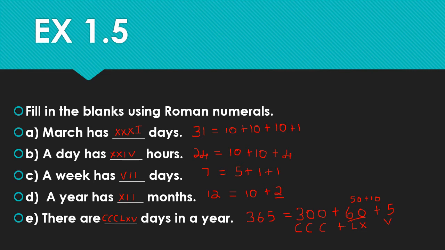L. Then symbol for 10 is X. Then 5 is V. Now you can write the Roman numeral as C, C, C, L, X, V. C, C, C, L, X, V.